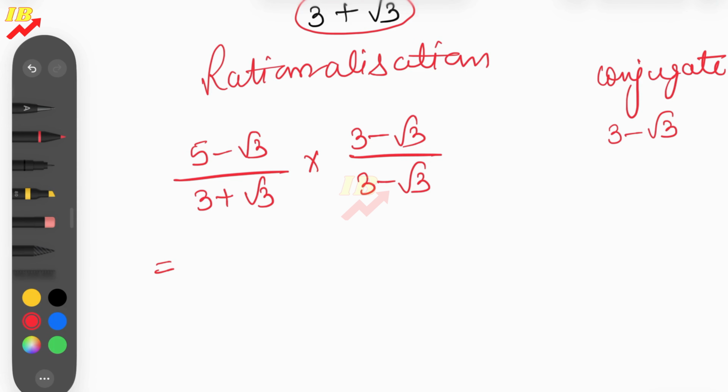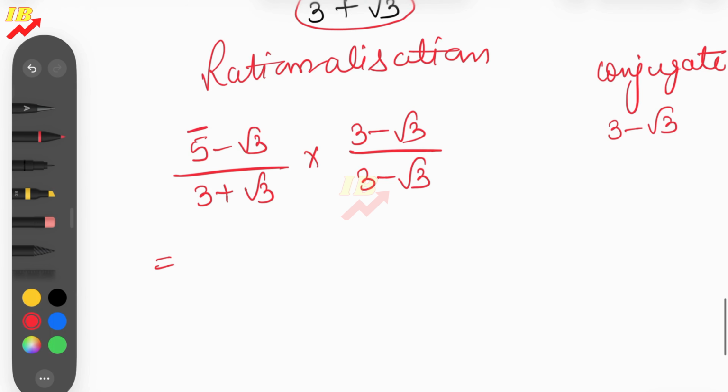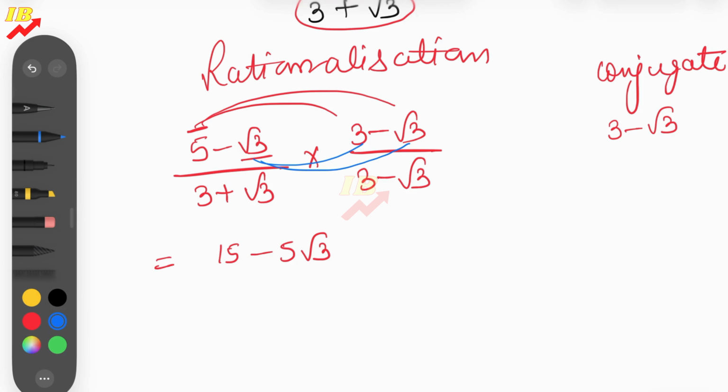We simply do the multiplication as we do in algebra. 5 will be multiplied to both of these numbers first, so that is 15 and minus 5 root 3, and then negative root 3 is going to be multiplied with 3 and root 3. That gives you negative 3 root 3 and plus 3, because root 3 times root 3 is going to be a whole number, which is 3, because that's a square root.